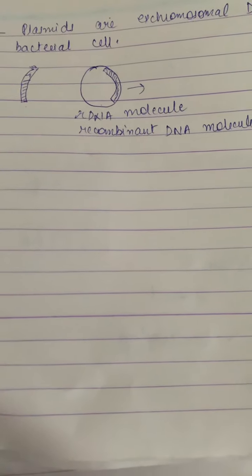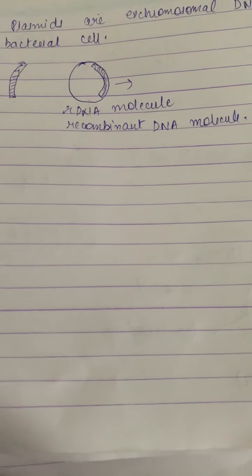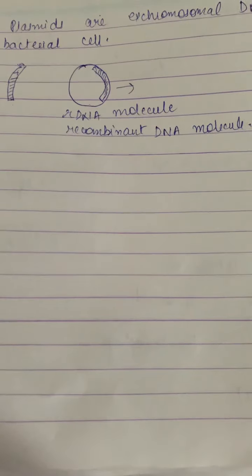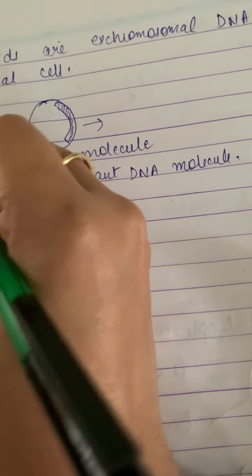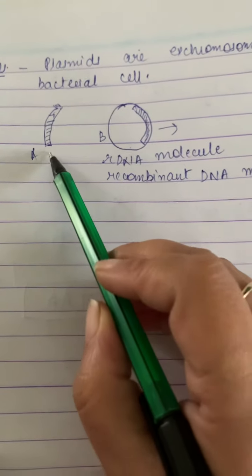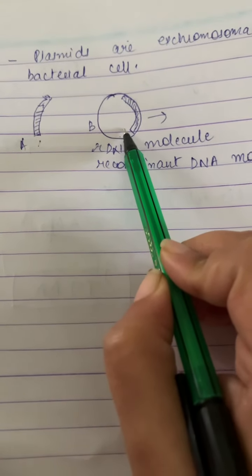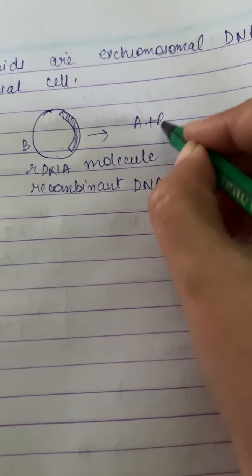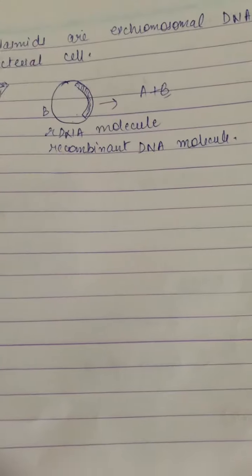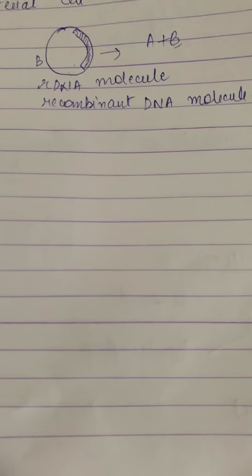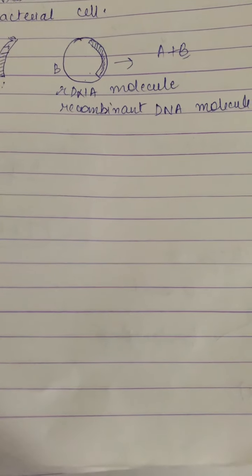Recombinant DNA carries two different types of genes. For example, if this is gene A, this one is B. We are inserting our A gene into the B one. So it is the recombination of A plus B. So it is a recombinant DNA molecule.